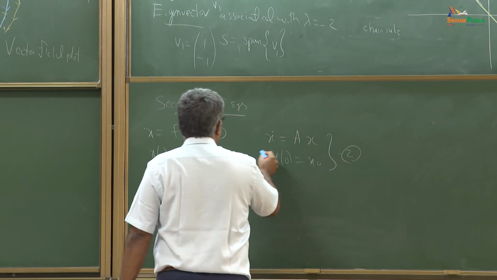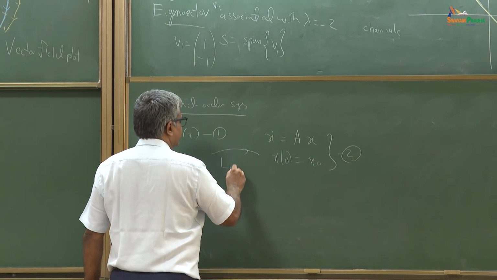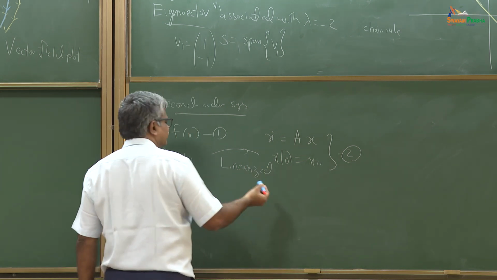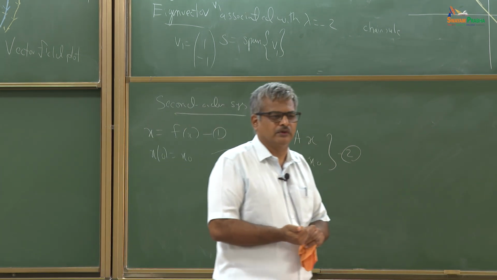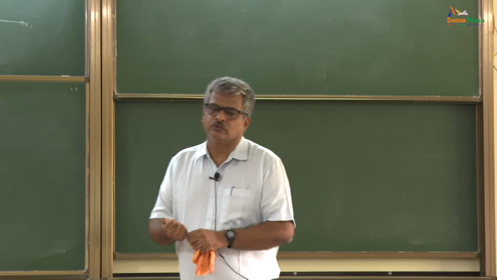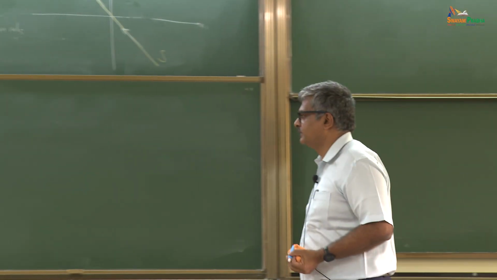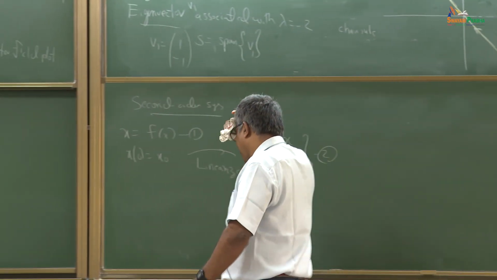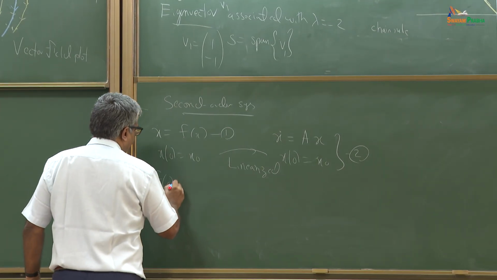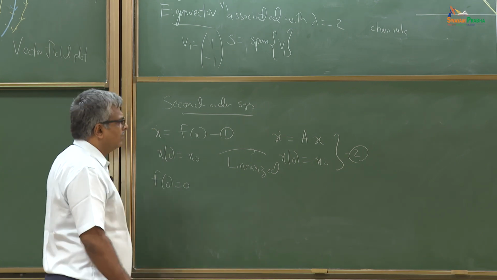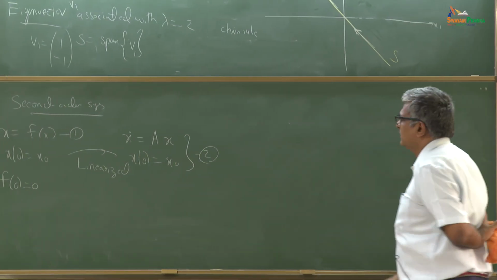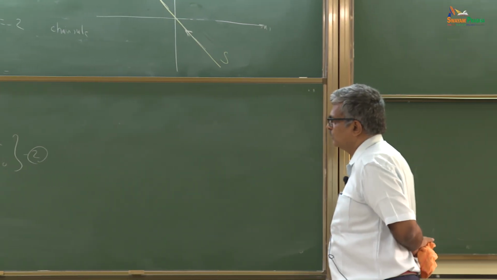So this is the linearized equation about some operating point or equilibrium point. Okay, so without loss of generality, we can even assume the origin to be the equilibrium point of interest, right? That means here I will assume that f of 0 is 0. Of course we will also deal with the case where there are multiple equilibrium points, but if there is only one equilibrium point, I'll just shift it to the origin.